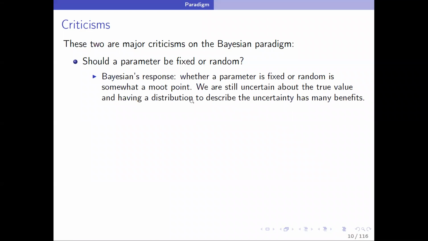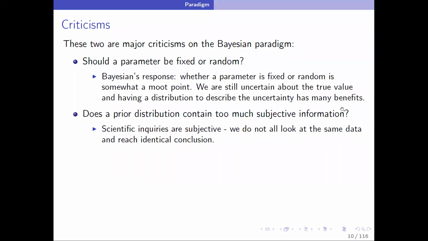The first criticism is, should a parameter be fixed or random? The response is, whether a parameter is fixed or random is rather a moot point because we don't know. What we truly are concerned about is that we still have this uncertainty about the true value of the parameter, and having a distribution to describe the uncertainty about a parameter has many benefits in that sense.